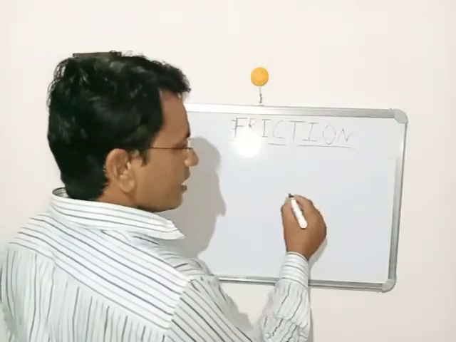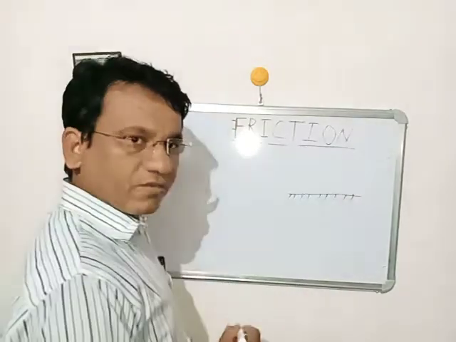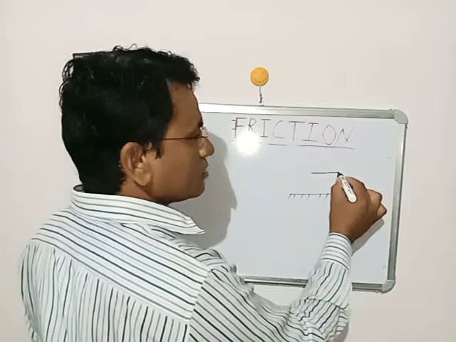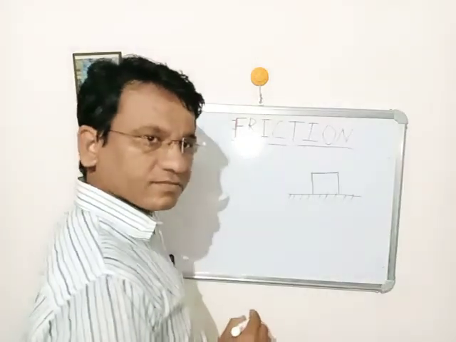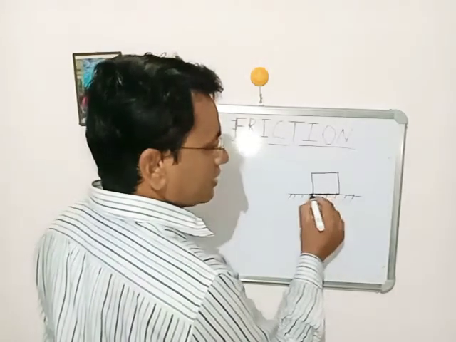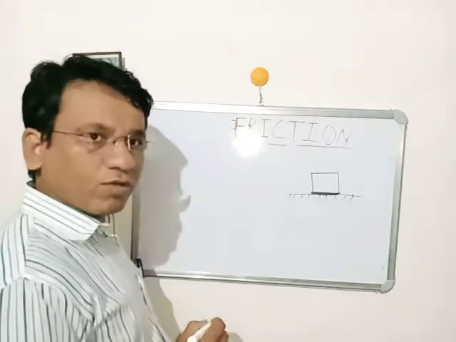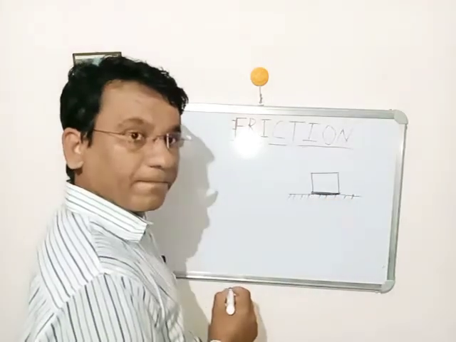Let's see, here we have a surface like that and another block is placed on that surface. So the contact surface between both bodies is here. Okay.